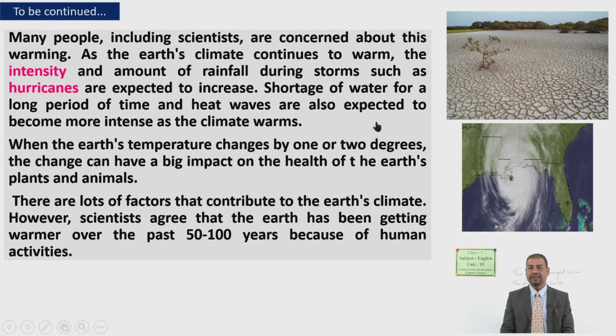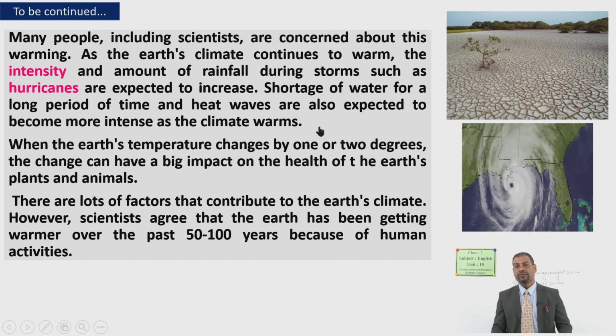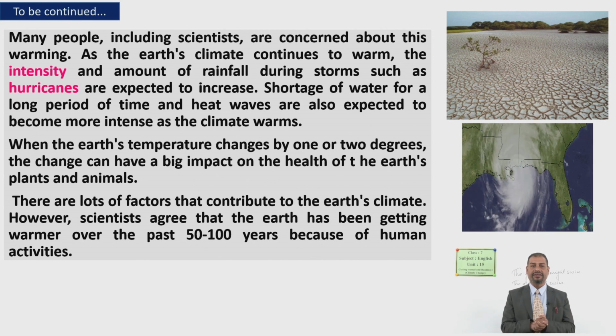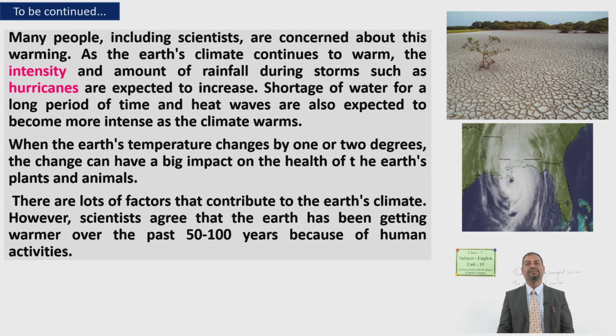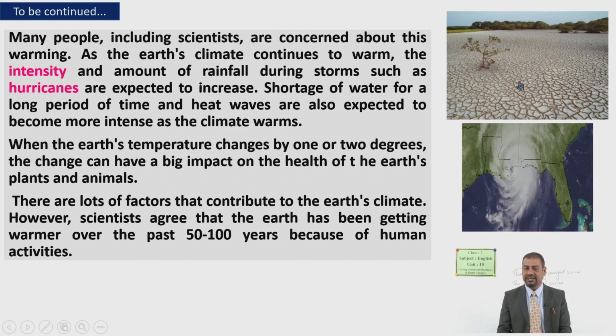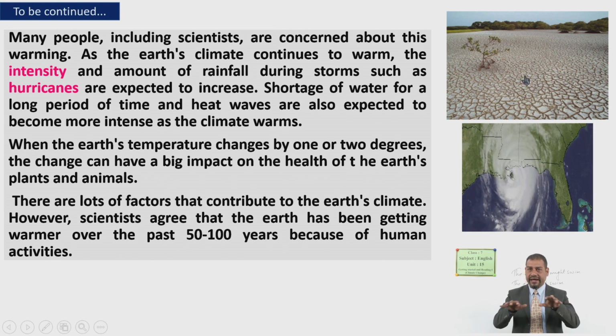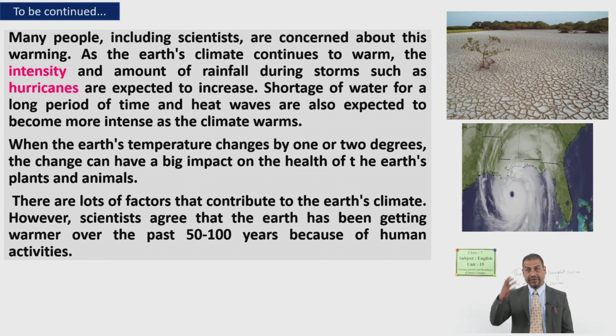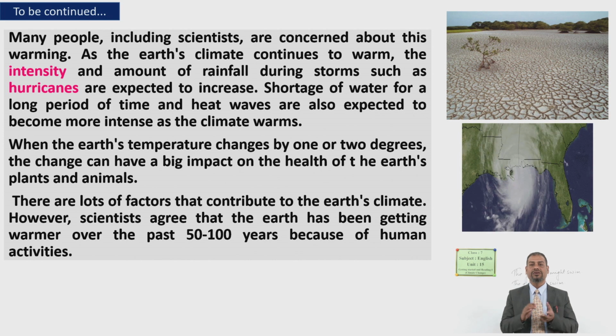So from here, you have to understand, we are getting warmer and warmer day by day, year by year, and at the same time, there is no regularity of water. You can see the picture here, the land is dried and cracking, because of lack of rainfall, because of global warming.